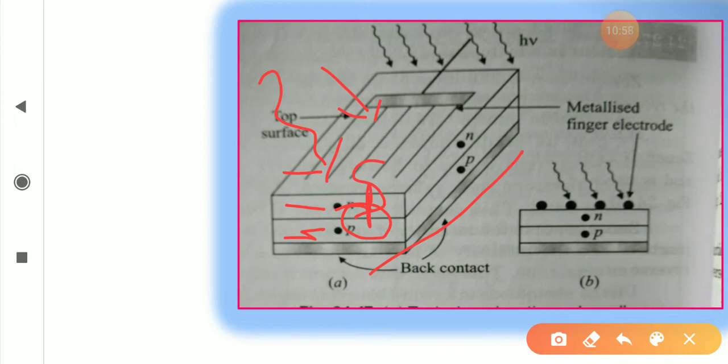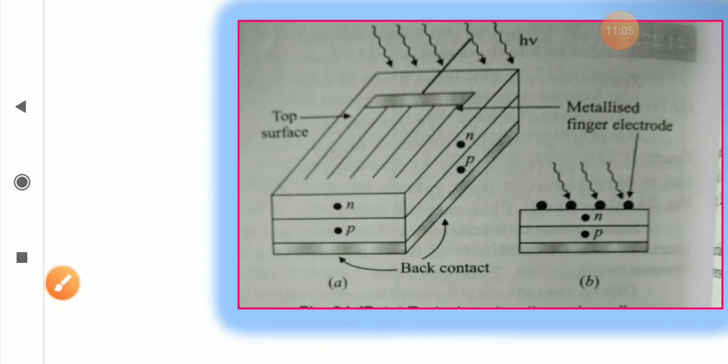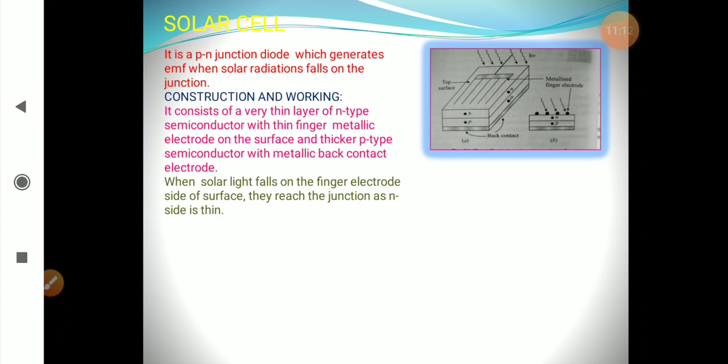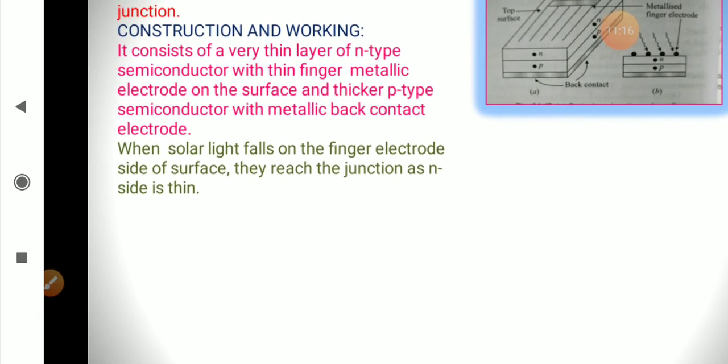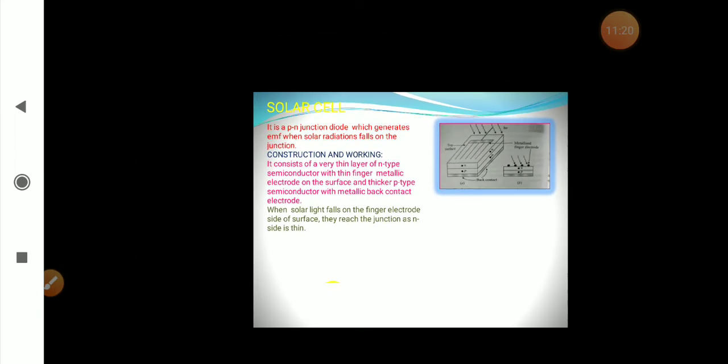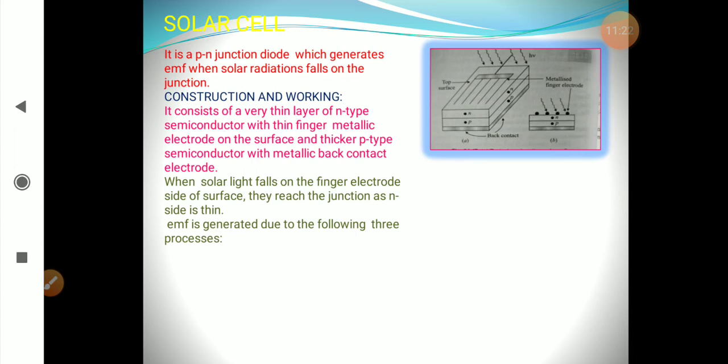The finger electrodes are shown here as these dots, thin N type semiconductor, and this is P type and the back contact. Now, when solar light falls on the finger electrode side of the surface, it reaches the junction as the N side is very thin. Now, EMF is generated due to the following three processes.